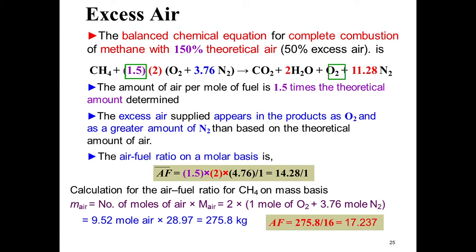And if you want to find it based on mass, then you have to follow this complete procedure. Or on a molar basis may also be asked. At that time also you can use the first equation and solve it like that.